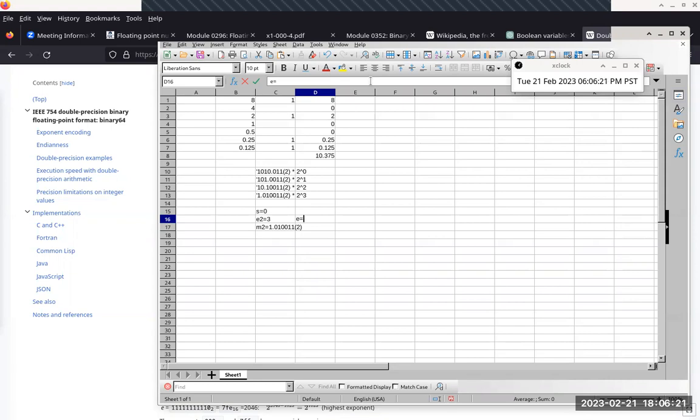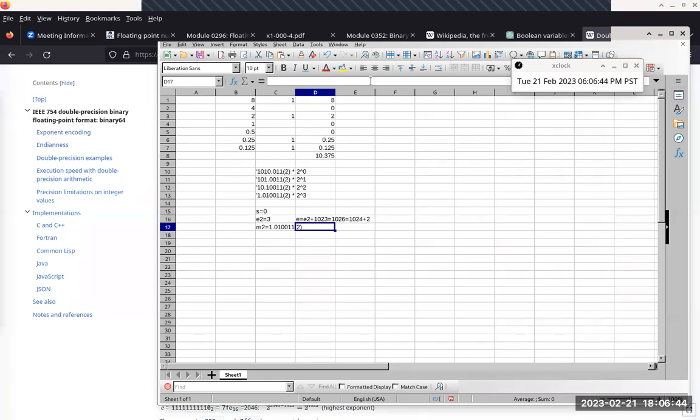Add it. Very good. So E is E2 plus 1023. In this case, it would be what? 1026. Very good.